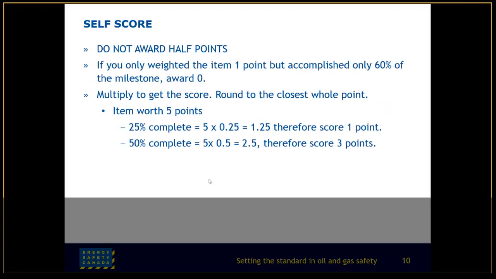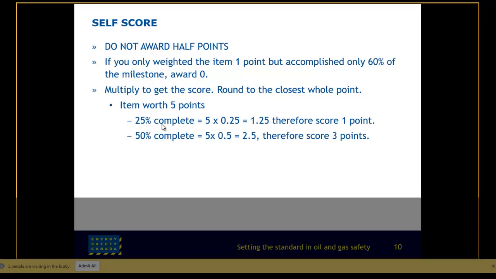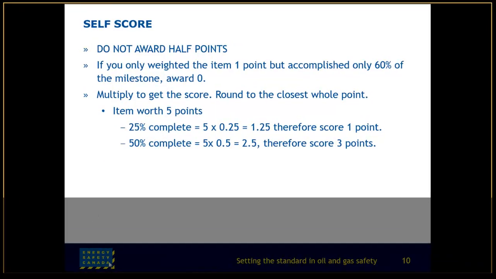Don't award half points. So if you only weighted the item 1 point, if you didn't complete it, it gets 0. Otherwise, you can round to the closest whole point. So if it was worth 5 points, you've completed 25%, then you get 1 point. If you completed 50%, you get 3 points.